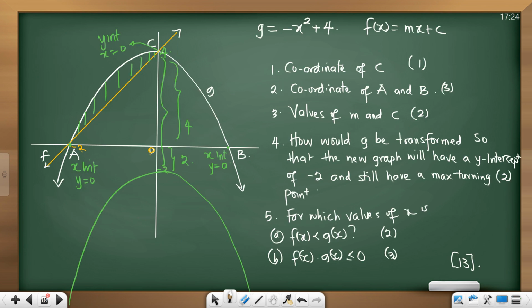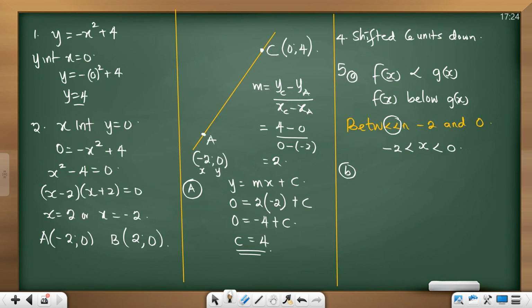Look at the next one. F of x dot g of x. The dot simply means we are multiplying. But the examiner says less than or equal to 0. Let me show you the interpretation. F of x multiplied by g of x. I'm going to start interpreting this one from the right hand side. When something is less than 0, I should have a negative answer. But what am I doing? I'm multiplying.